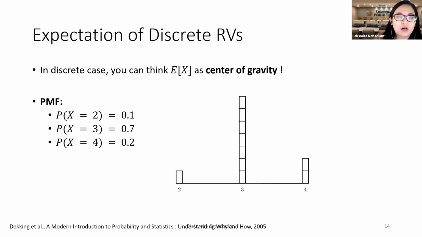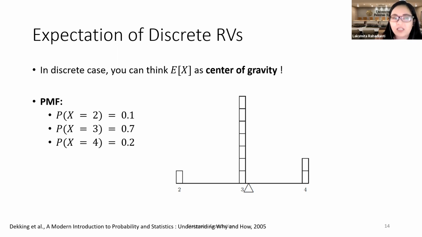So you can look at it as the center of gravity in the sense when you have the PMF like this, you have 3 possible values, 2, 3, 4, and you know that the probability of each value is 0.1, 0.7, and 0.2. And if you were to balance this seesaw, you would probably like to put your center of gravity there, just so that your seesaw doesn't tip over.